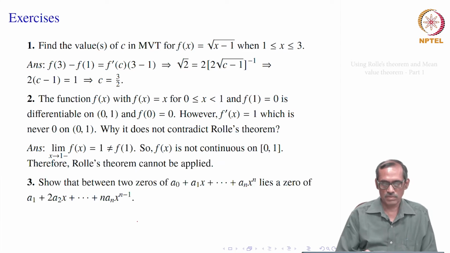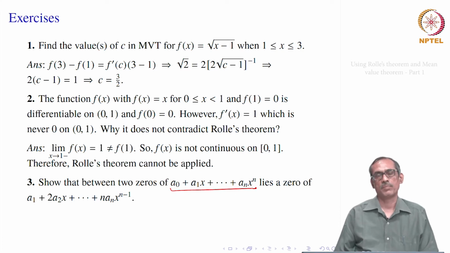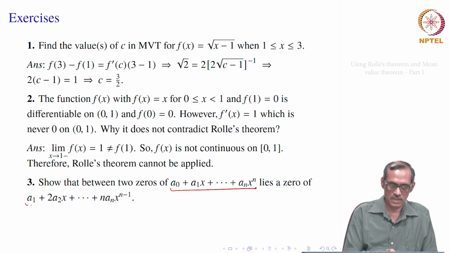So, let us go to the third problem, which asks to show that between any two zeros of this polynomial. So, suppose this polynomial vanishes at 2 points a and b in the reals. It says that there exists a 0 of this other polynomial between them.